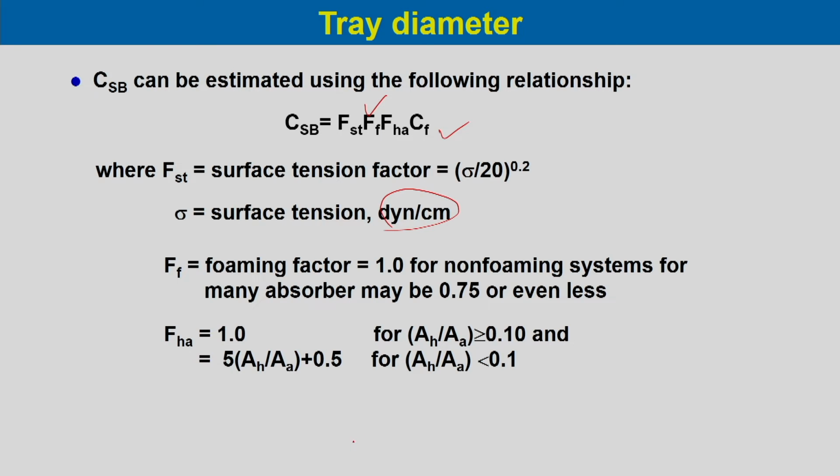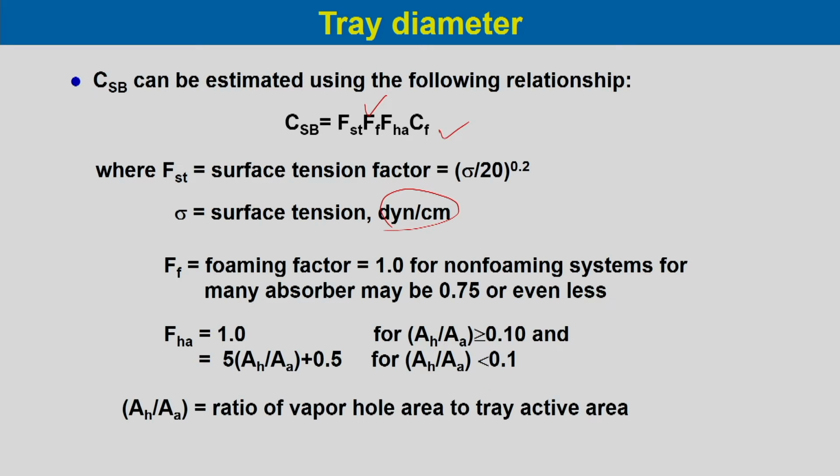For many absorbers it may be 0.75 or even less. F_HA is 1 for A_H/A_A greater than or equal to 0.1, and it would be equal to 5 times A_H/A_A plus 0.5 for A_H/A_A less than 0.1. This A_H/A_A is the ratio of vapor hole area to tray active area, where A_A is the tray active area and A_H is the vapor hole area.